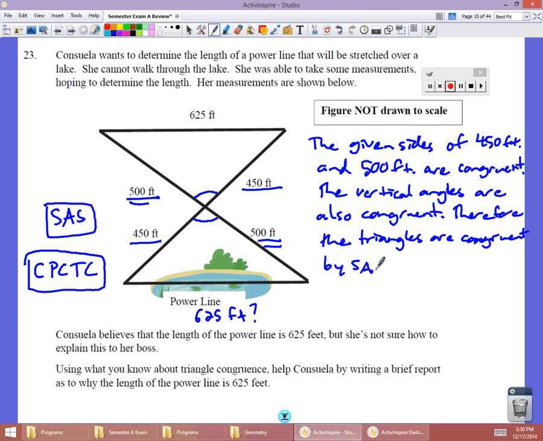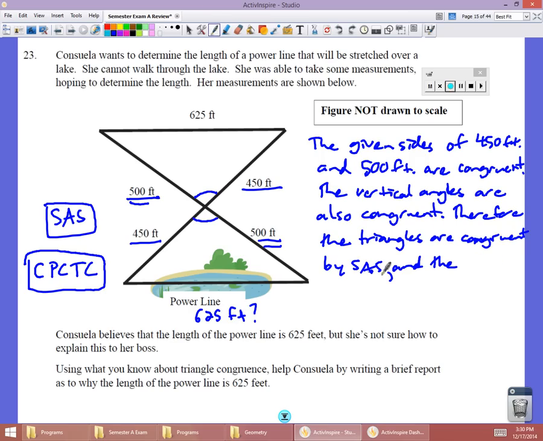Side angle side. Sorry, let me erase that. Let's just rewrite that. Okay.